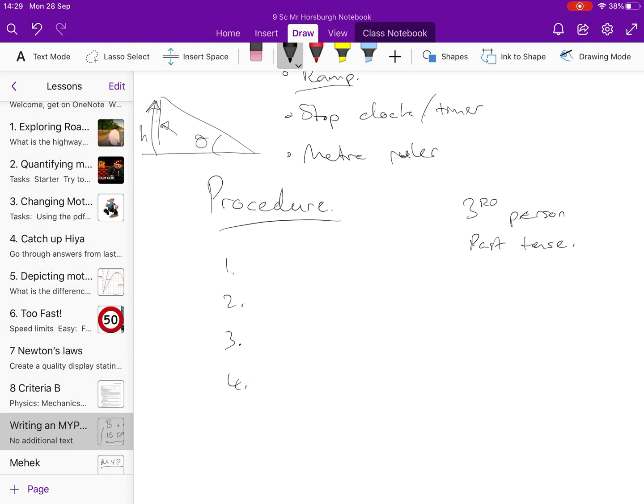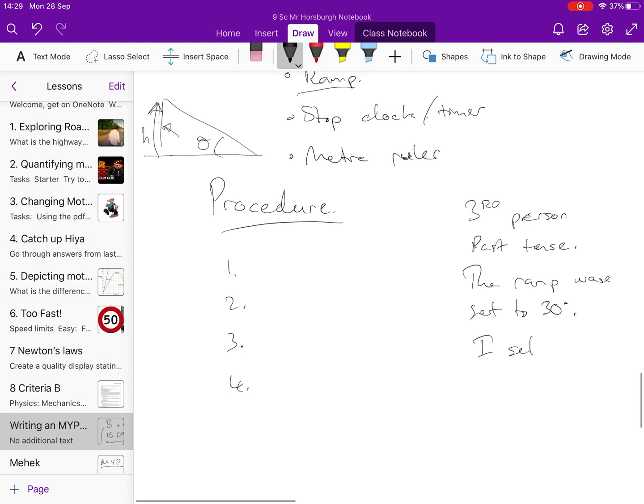So you would write something like, the ramp was set to 30 degrees, yeah? Rather than I set up, or set up the ramp.